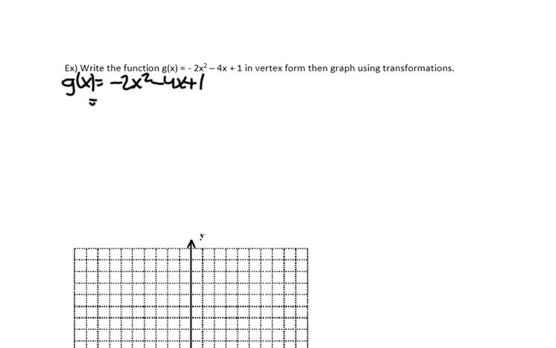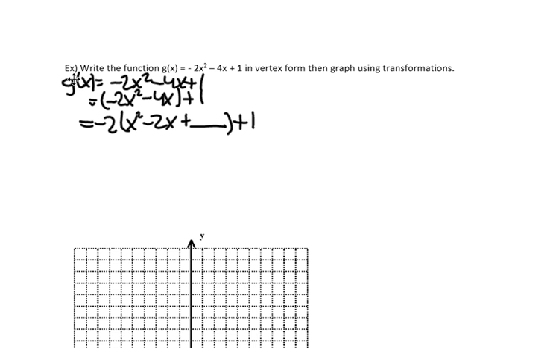Now, I'm going to put the first two terms in parentheses. And now what I'm going to do is factor out a -2 from the first two terms. So I have this and this, and now I'm going to have this. So I can help myself to completing the square for this.